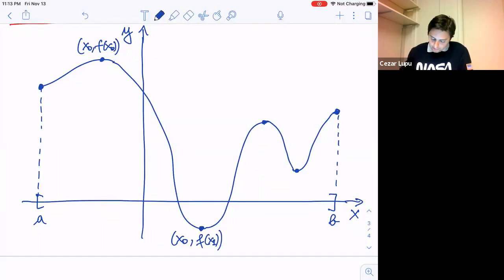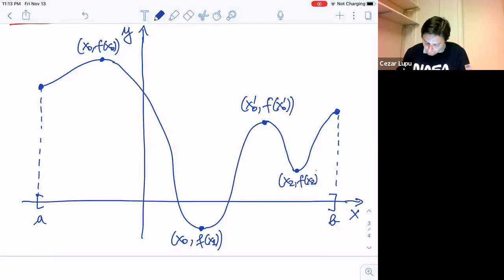Here I'll have x naught prime, f of x naught prime, right? Here, let's just say I have x2 and f of x2, and then that's it.